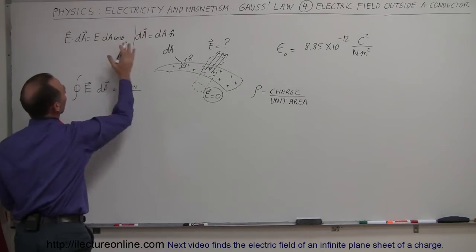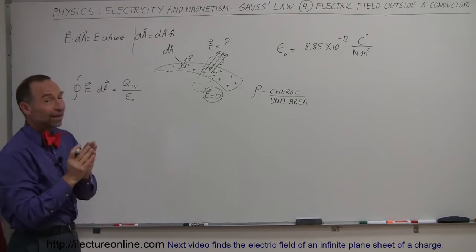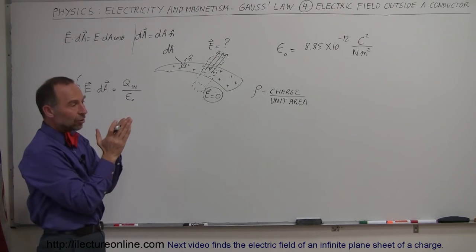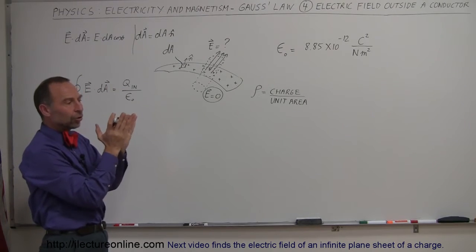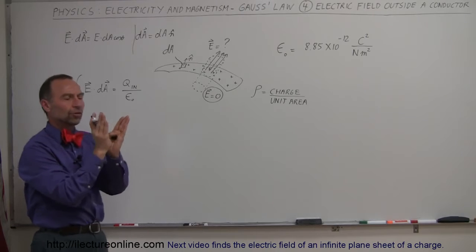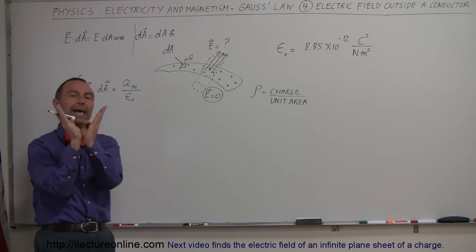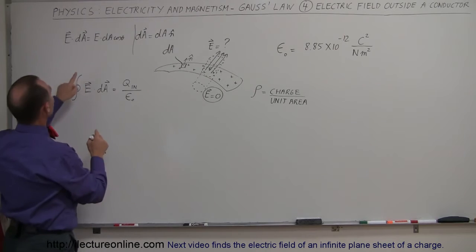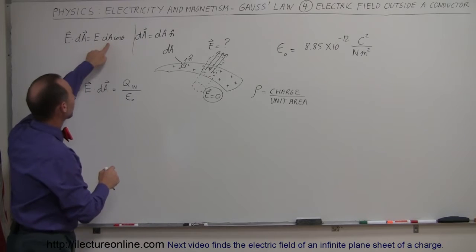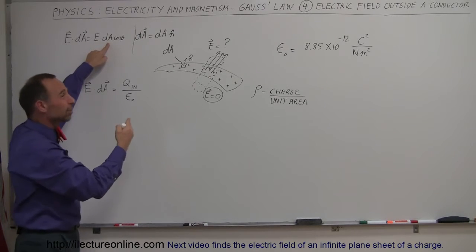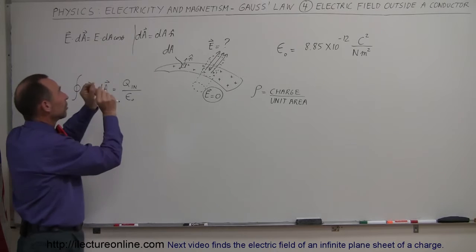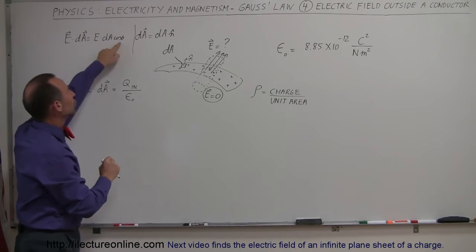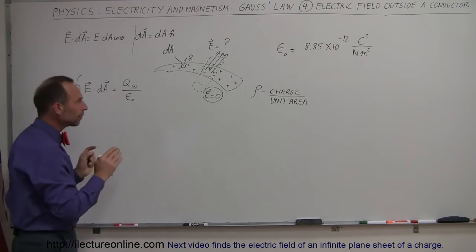I'll draw a line there so we don't confuse this here. So in other words, if the direction of E and the perpendicular vector to the surface are not parallel to each other, there'll be an angle in between, and then we have to multiply the magnitude of E times the magnitude of dA, which is simply the size of dA, times the cosine of the angle between them.